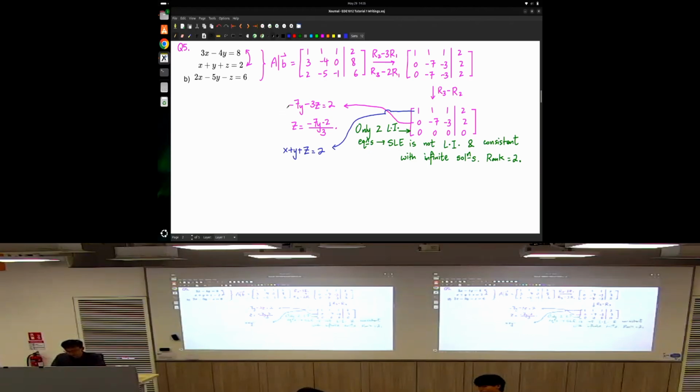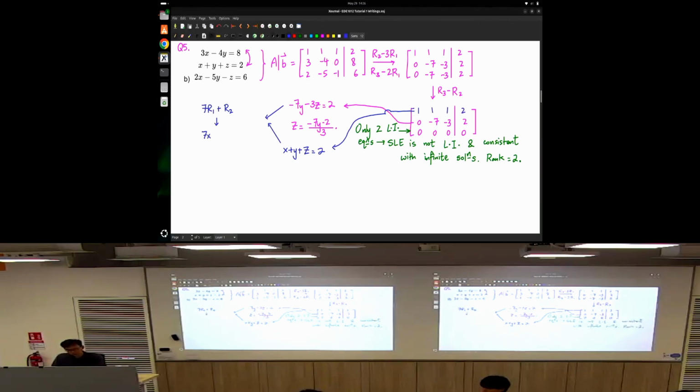You can see that we just make a 7 row 1, because this one is row 1. 7 row 1 minus, or rather plus, row 2. You can actually do it here if you want to. So 7 row 1 is going to give me 7x. This is my row 1, this is my row 2. So 7 row 1 minus row 2.